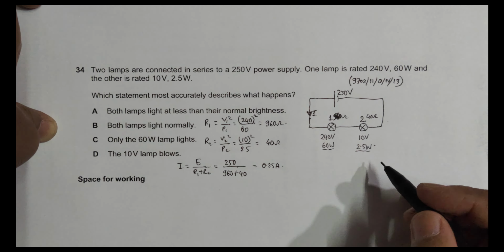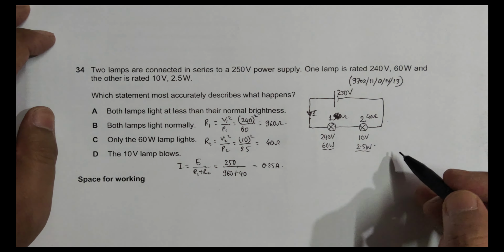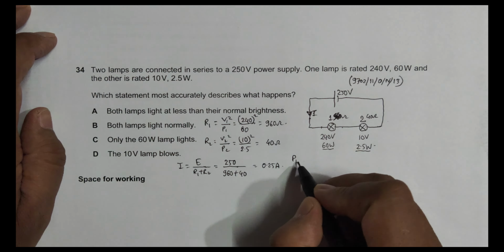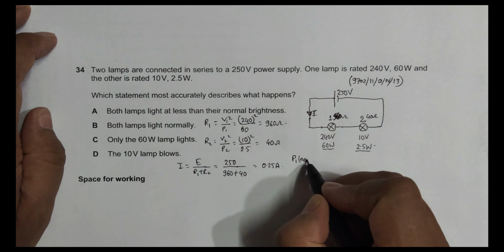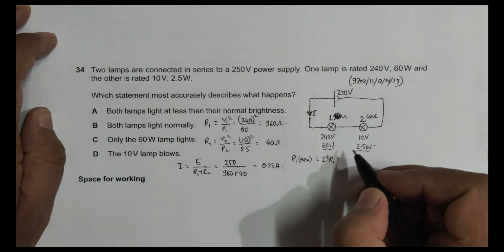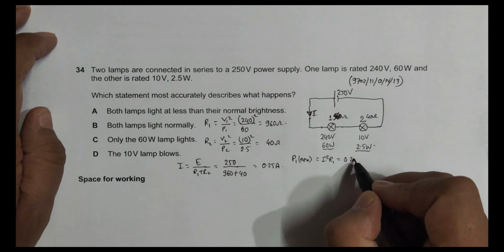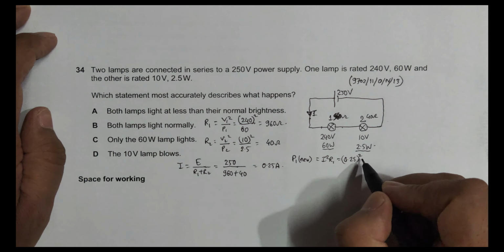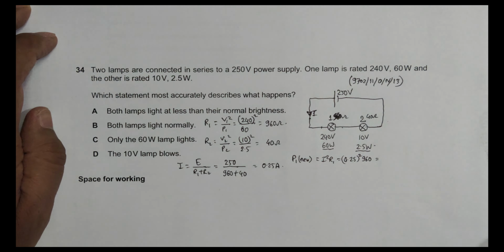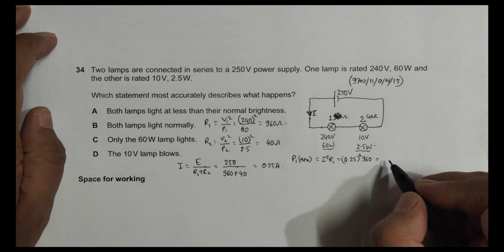Now we have to find the individual power consumptions. So how much power will it consume? P1 now is equal to I squared into R1. That's equal to I squared is 0.25 squared, R1 is 960. So it will give me 0.25 squared into 960, equal to 60 watt.